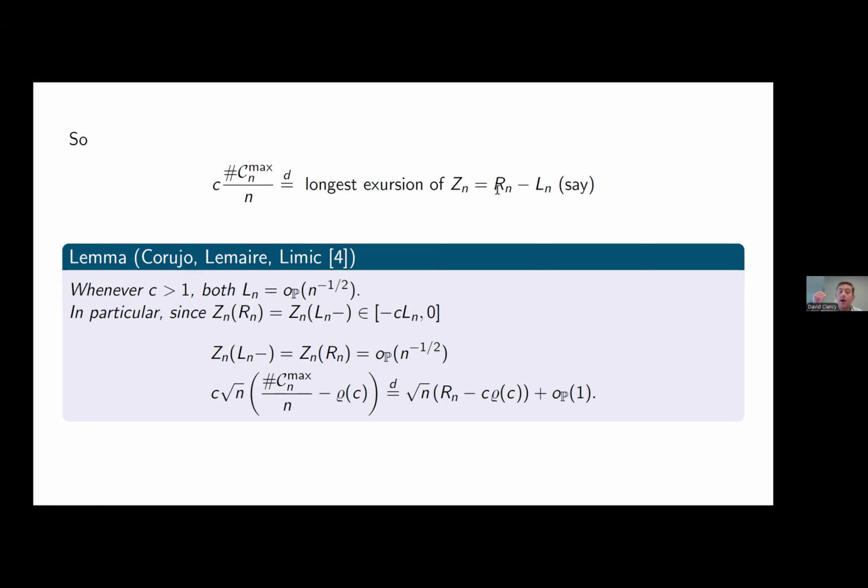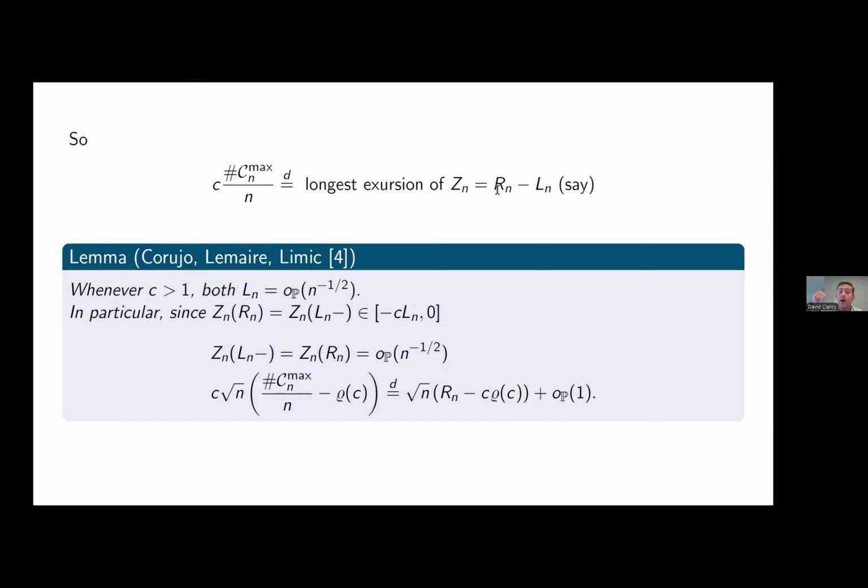So in particular, the central limit theorem that we want, the size of the largest component minus the limiting value, blown up by a factor of square root of n, is essentially square root of n times the fluctuations of Rn around C rho of C, plus some negligible error. So going back to the application of Donsker and Skorokhod representation, we have Z is some limiting deterministic function plus 1 over square root of n times some fluctuations.